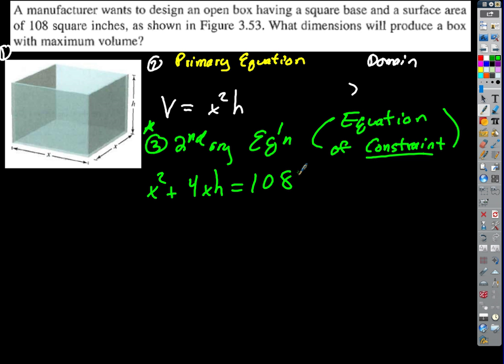Which variable, now here's where we want to be smart about this, and we've had a lot of practice that will inform our decision already. Which variable do you suppose we want to eliminate if I look at those 2 equations? Because one of them is very clearly going to be easier to do than the other. But, okay, so we want to solve for which variable to substitute? h, right? How come?